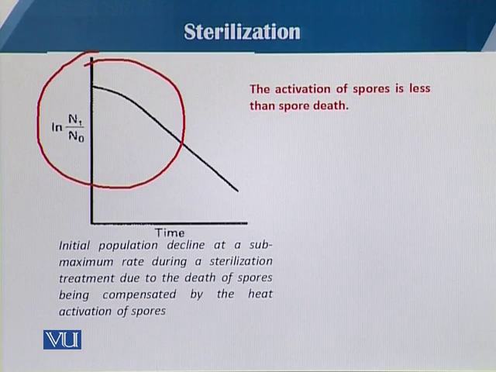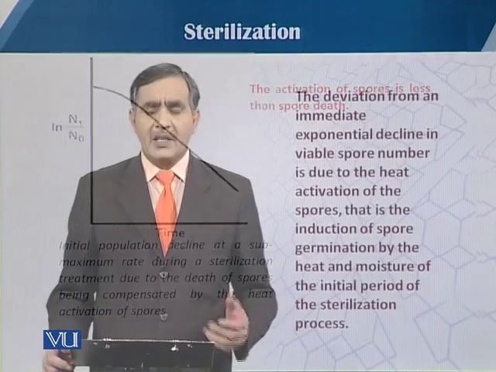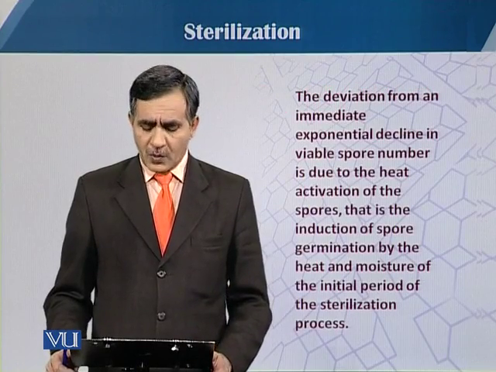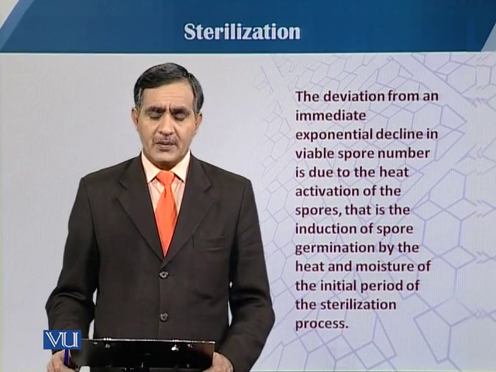This can happen when we are dealing with cultures contaminated with endospore forming bacteria or any such organism. The deviation from an immediate exponential decline in viable spore number is only due to the heat activation of the spores.